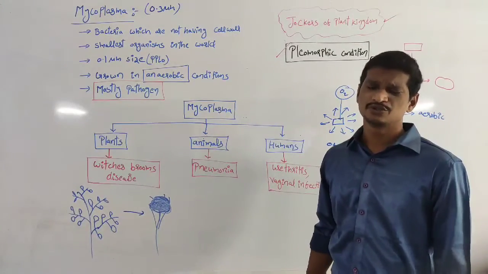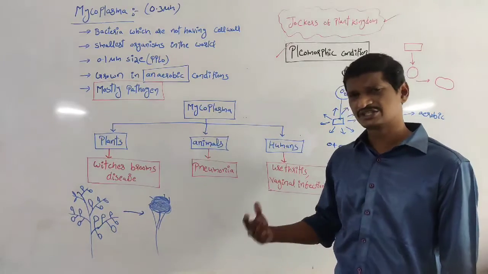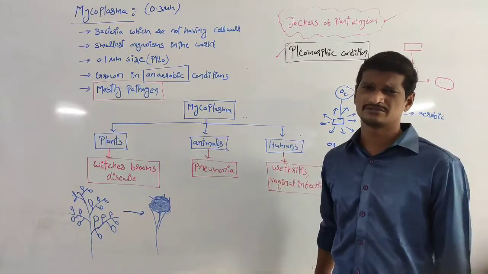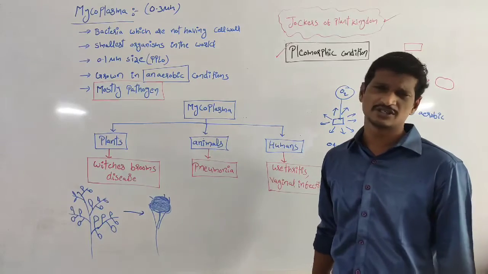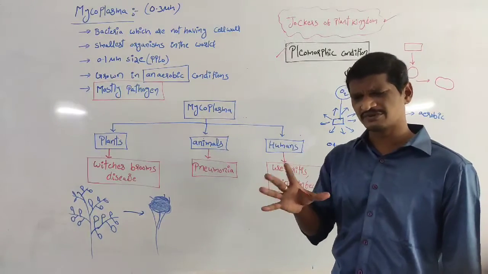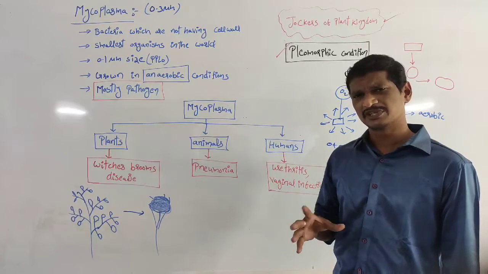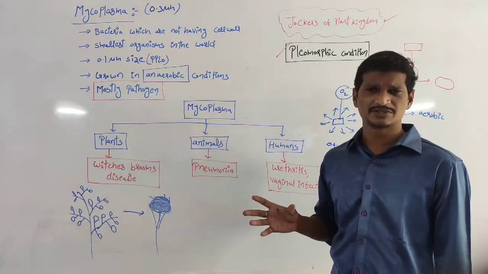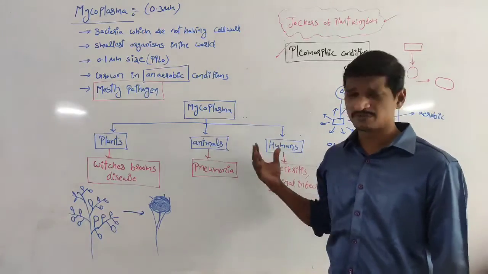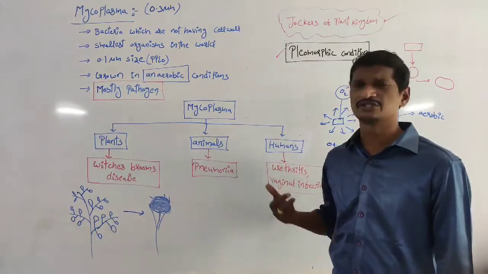We know that within human beings there is Mycobacterium tuberculosis, and Pneumococcus is also there. That one also causes pneumonia. What I am trying to tell here is that different kinds of bacteria cause pneumonia in different organisms. Mycoplasma bacteria within animals cause pneumonia.